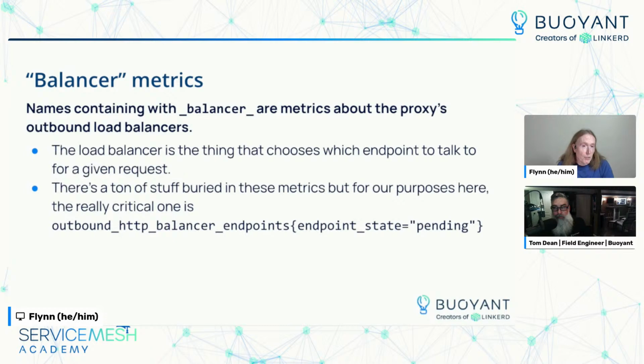And then there are also versions that have neither of those and just say endpoints. Understanding the relationship between those three gets to be fascinating. But for our purposes today, with shiny new things in 2.16, you can look for the endpoint state pending in the balancer stats to find endpoints that have had a circuit breaker opened for them, which is kind of cool because we didn't have that before.